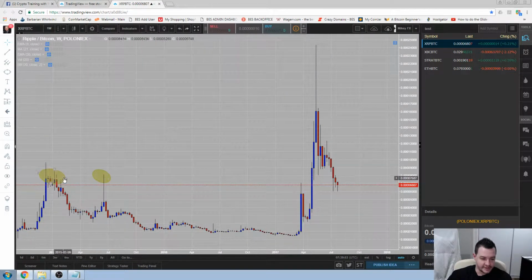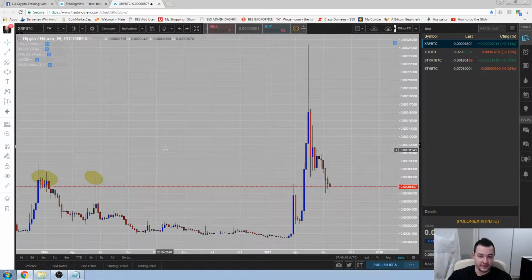So these resistance levels can be one of your profit level zones. They can be one of your profit level targets.